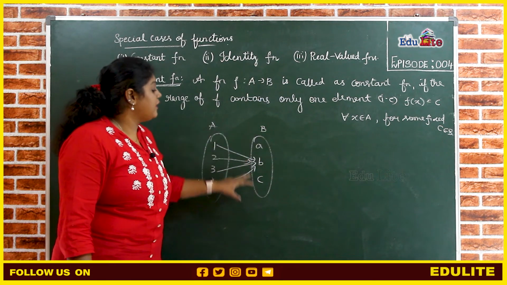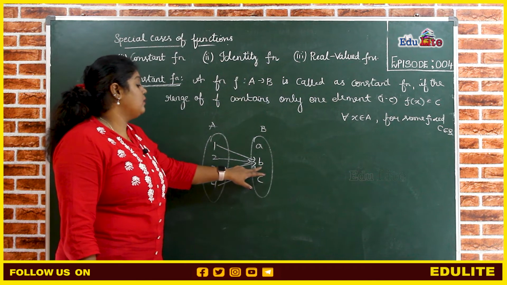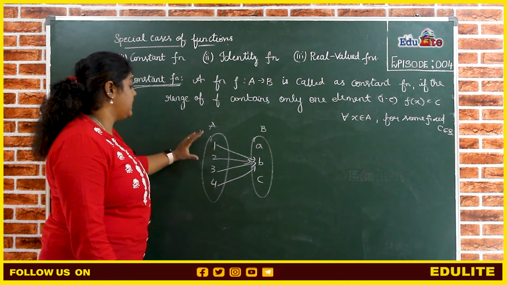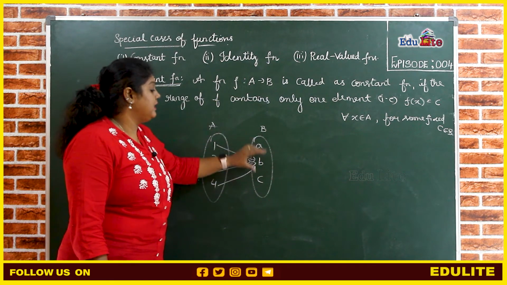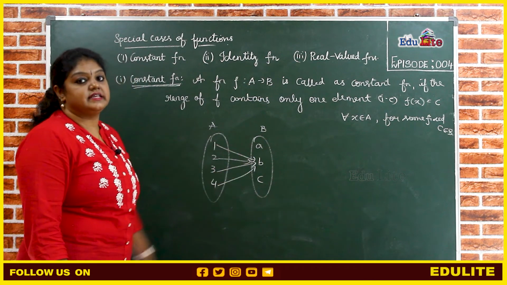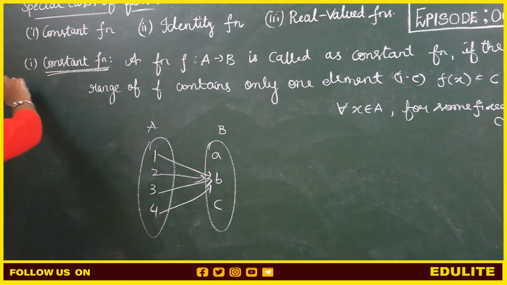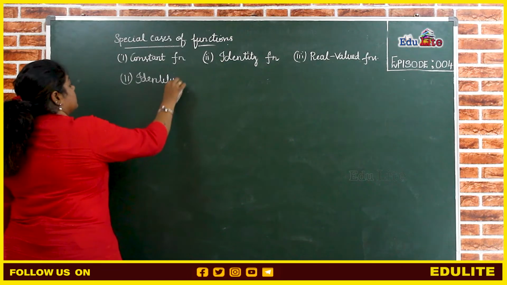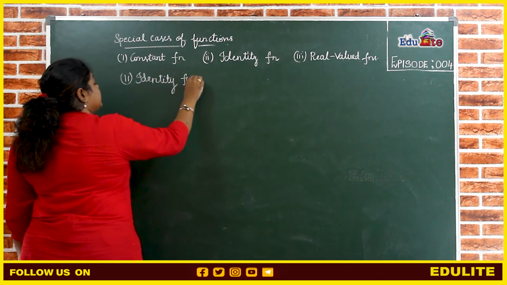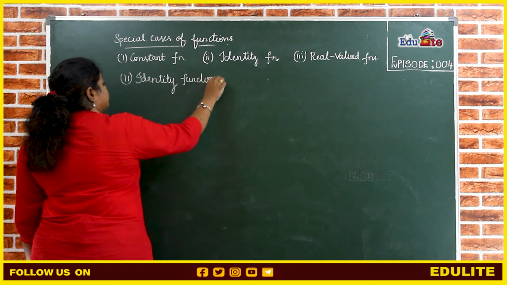That is, the range of f contains only one element. If all the elements in A are mapped to the only one element in B, then we call it a constant function. Next we will see an identity function.